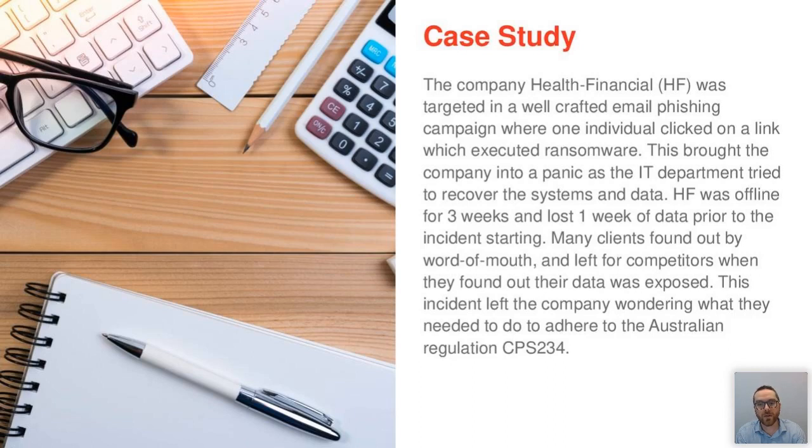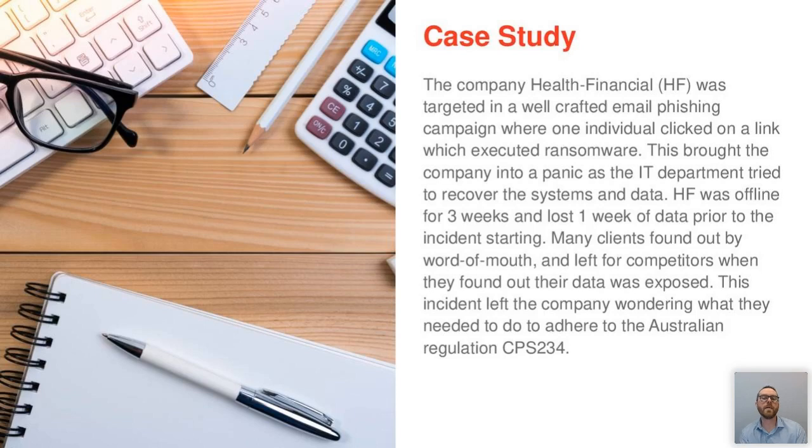Health Financial was offline for 3 weeks and lost 1 week of data prior to the incident starting. Many clients found out by word of mouth and left for competitors when they found out that their data was exposed. This incident left the company wondering what they needed to do to adhere to the Australian regulation CPS 234.